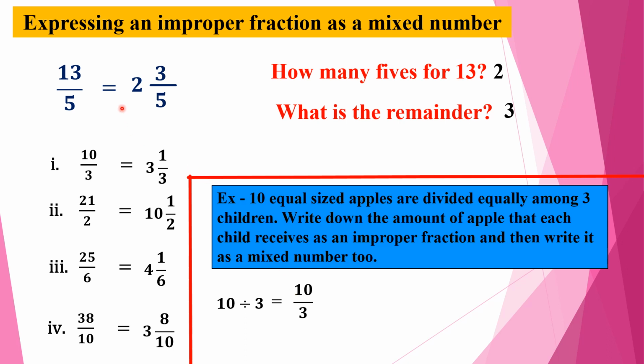Now you know the method. 10 is divided by 3. How many 3s for 10? 3. So the whole part is 3 and the remainder is 1, 3 and 1 over 3. Now you can do exercise 10.1.